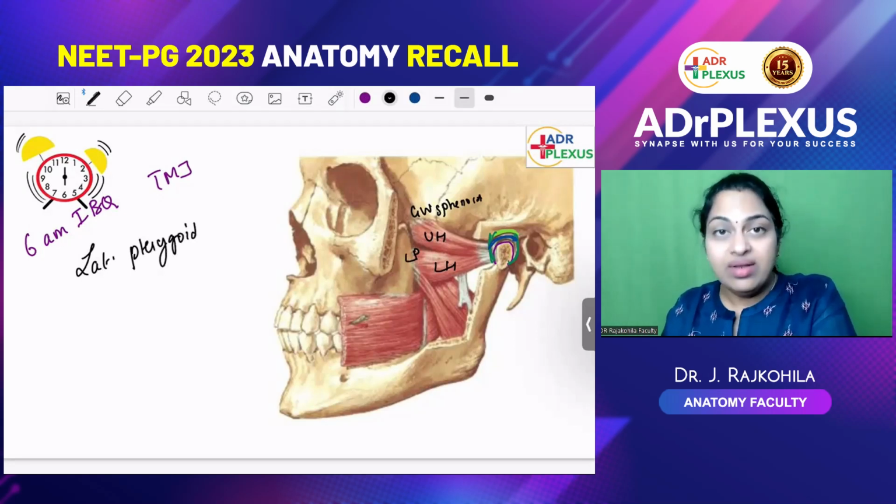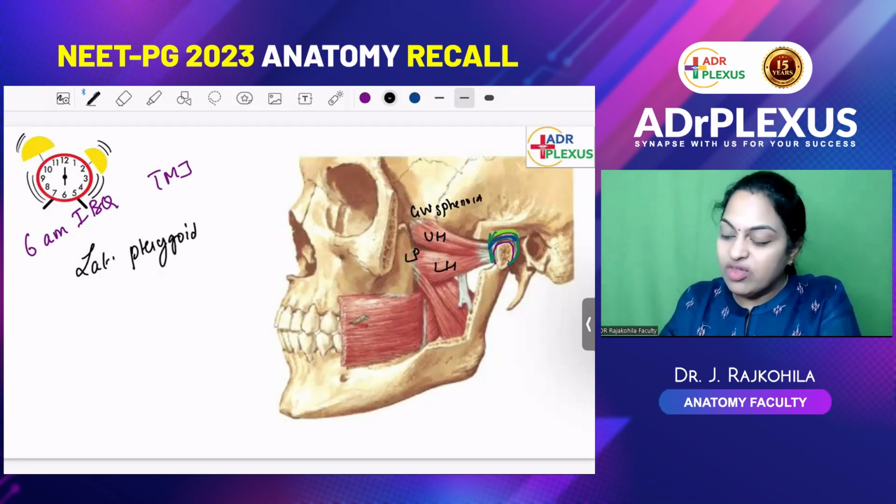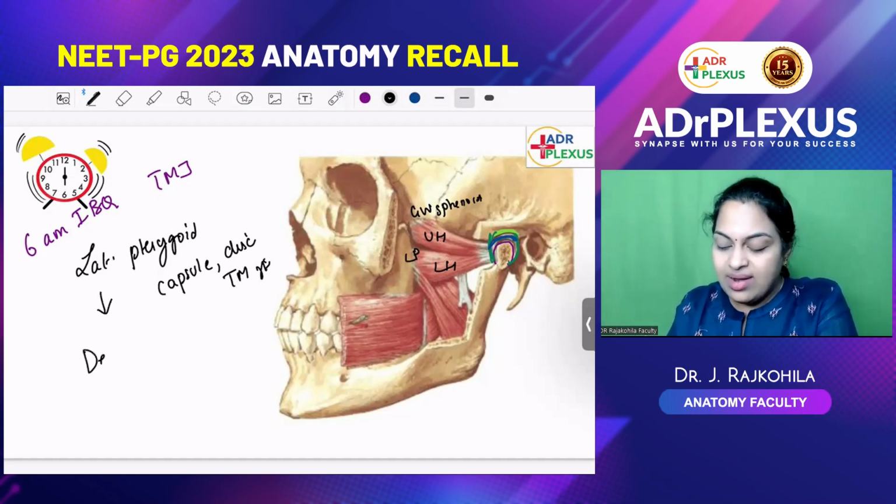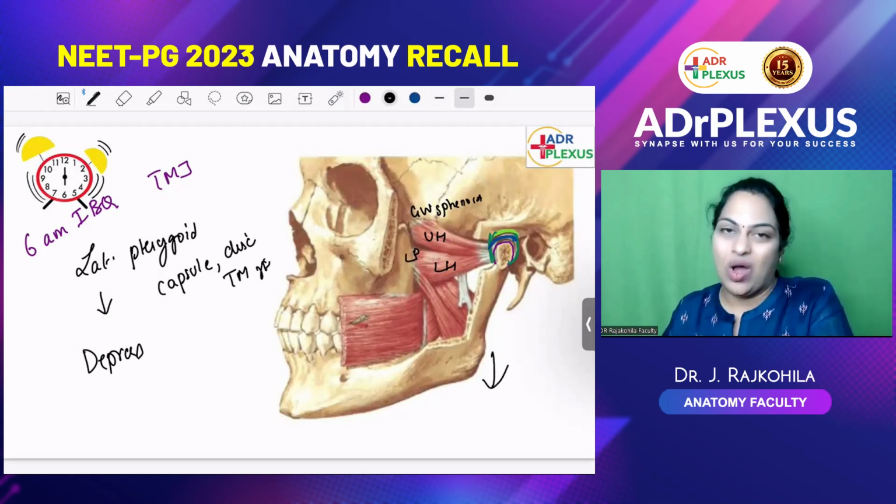The lateral pterygoid muscle inserts not only into the capsule, but also into the intra-articular disc of the temporomandibular joint. Now, what is this muscle going to do? The contraction of this muscle will depress the mandible, will pull your mandible down.